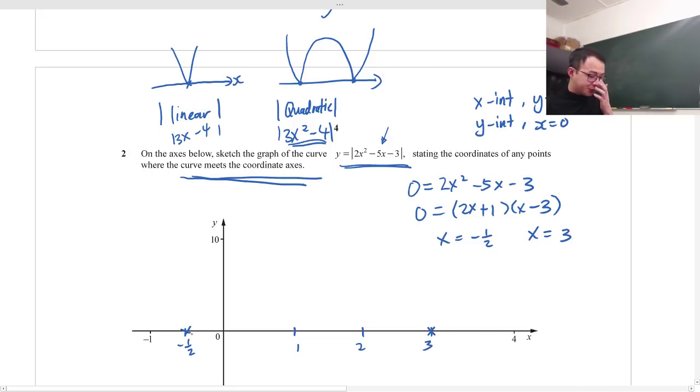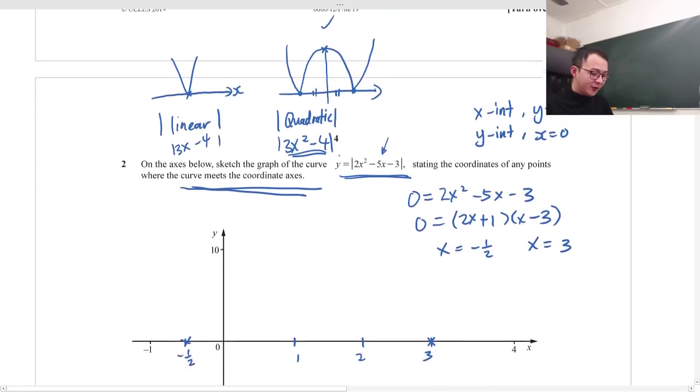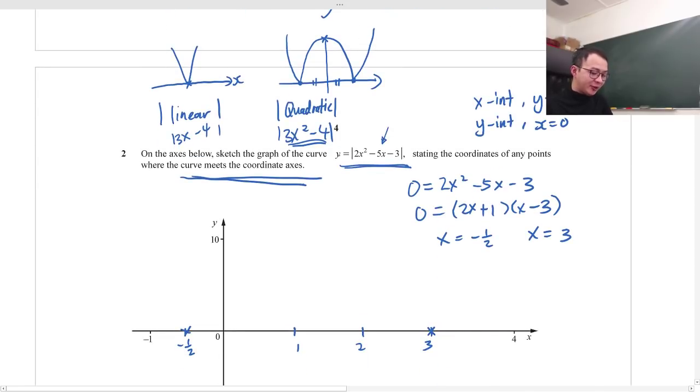Alright, so this is the intercept, and then you should know the vertex. I mean the maximum point over here. Not the maximum point, I can say the turning point over here should be between the x-intercepts. So therefore, if you want to get a very accurate one, you need to know the number between both of them.